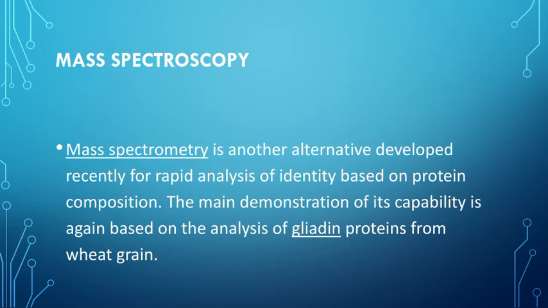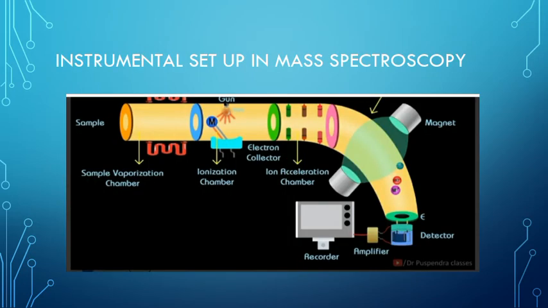Mass spectroscopy is another alternative developed recently for rapid analysis of identity based on protein composition. The main demonstration of its capability is again based on the analysis of gliadin protein from wheat grain. This is an instrumental setup in mass spectroscopy.